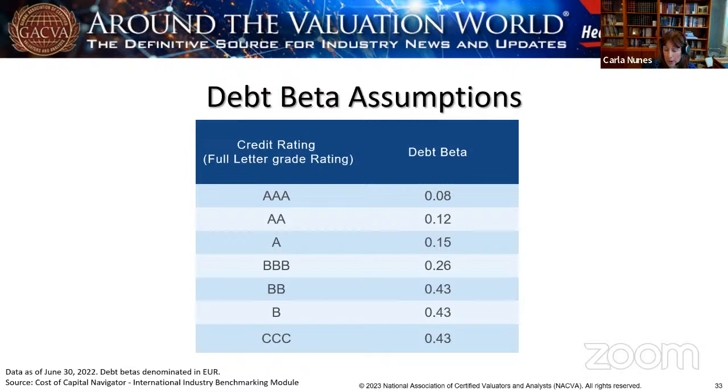Now, from a practical standpoint, I would say if companies don't have a lot of debt in their capital structure, it doesn't really make much of a difference. You don't need to go through Harris-Pringle. You'll get about the same estimate as under Hamada. But when you start getting into a lot of debt in your capital structure, you may want to consider a different unlevering formula.